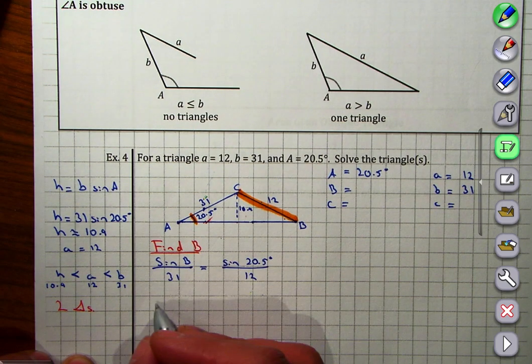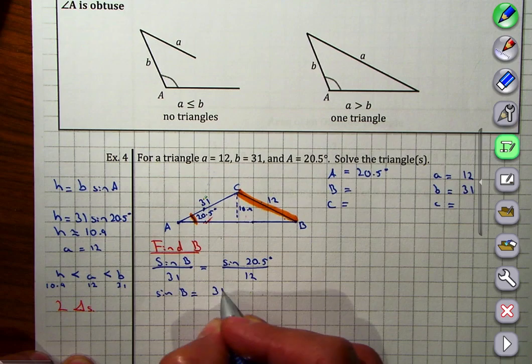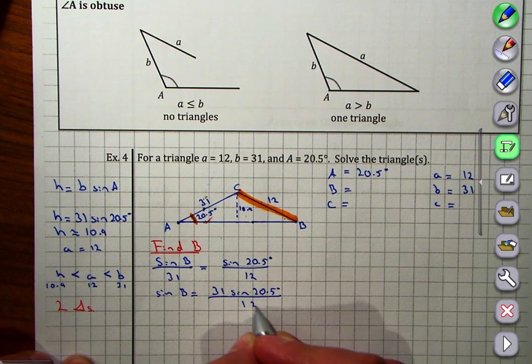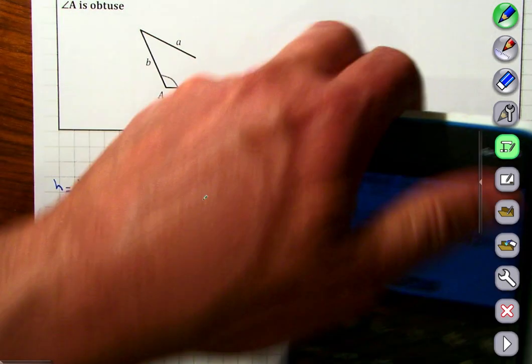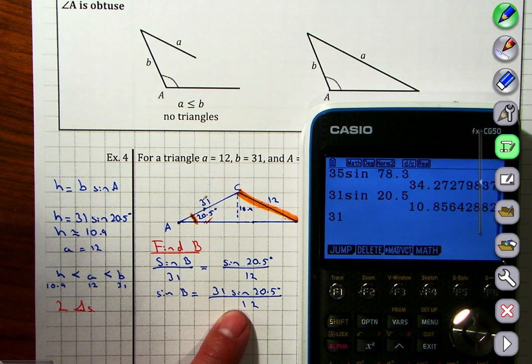Multiply both sides by 31, so therefore the sine of B is equal to 31 times the sine of 20.5 degrees over 12. I'm going to type into the calculator. Now remember that in this case, if you get a number bigger than 1 or less than -1, then you know that you're going to have no triangles. So that'll be a clue that you have no triangles.